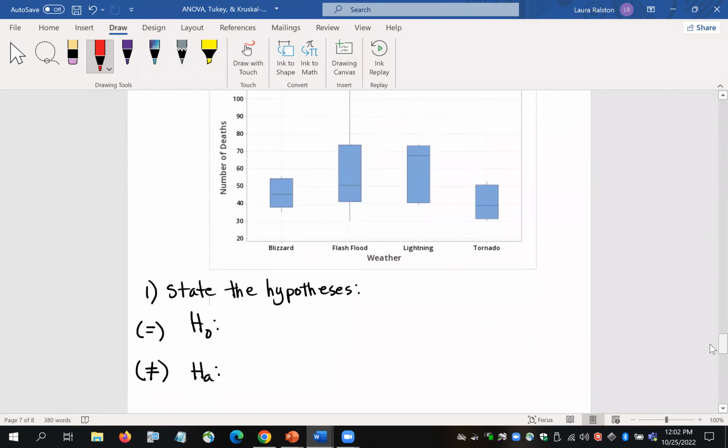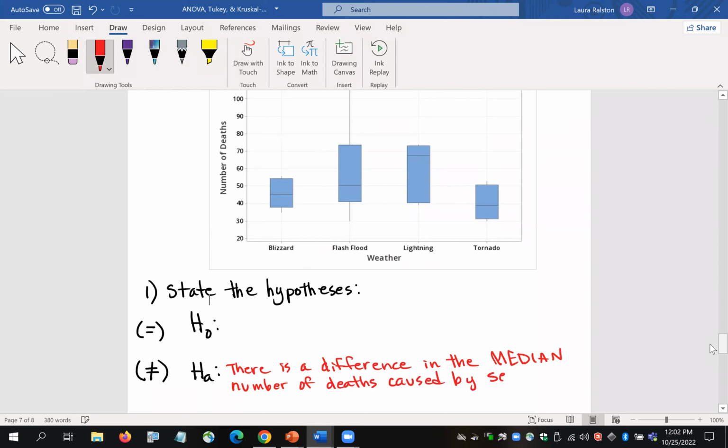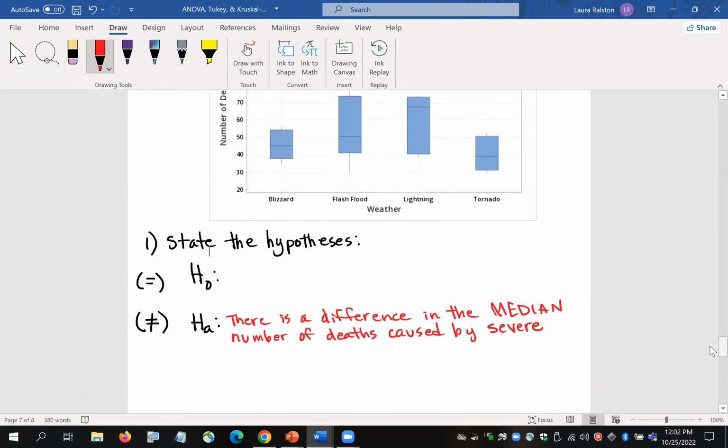We could say, there is a difference in the median number of deaths caused by severe weather. The question just says there is a difference.